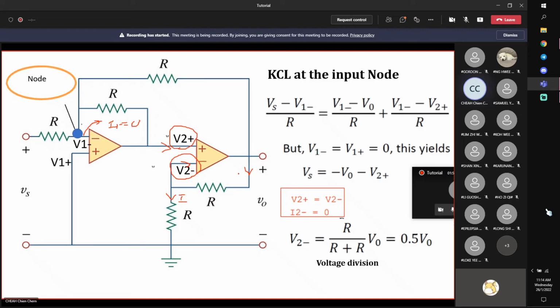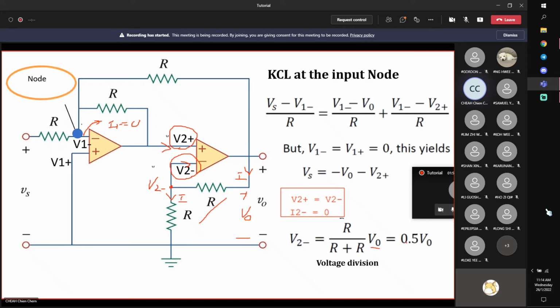Therefore, they have the same current, which means that these two resistors are effectively in series. And therefore, you can use voltage division law to find this V2 minus. Right? You can view it this way. V0 is divided according to the ratio of the resistance. They are equal, so half.